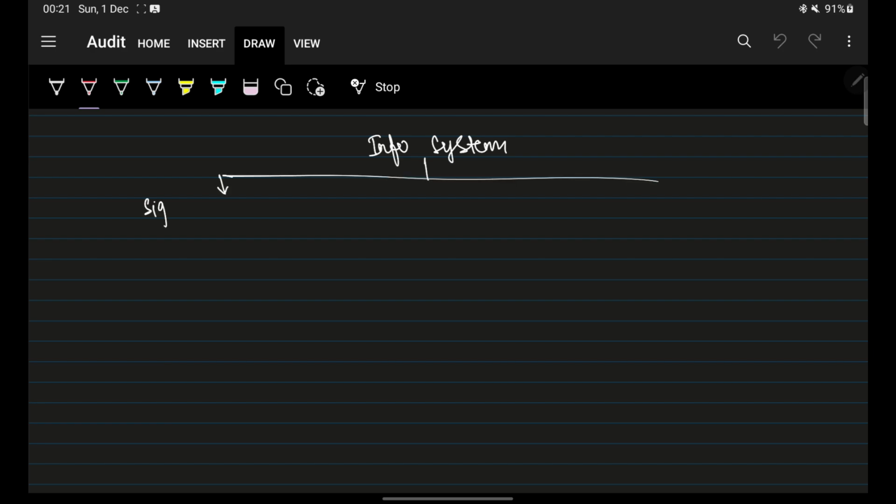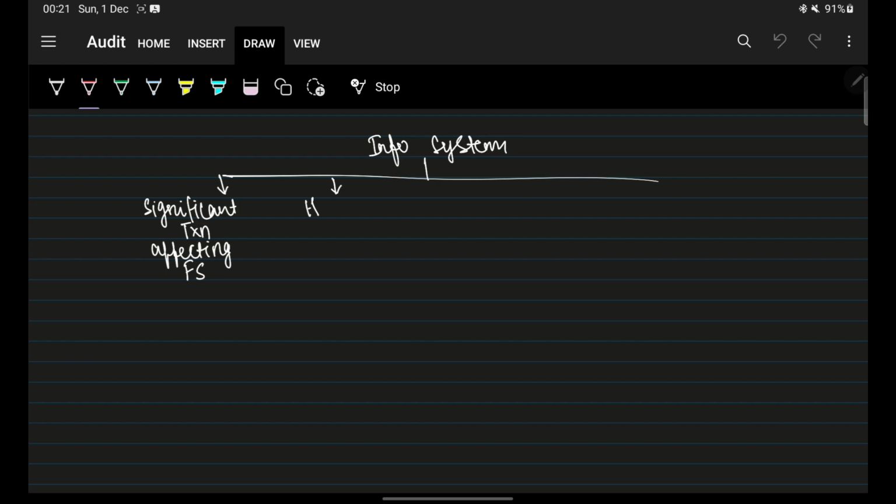Firstly, with regard to significant transactions affecting the financial statements, okay. Try to memorize those points. Just try to close your eyes and try to memorize those points. Significant transactions affecting financial statements.